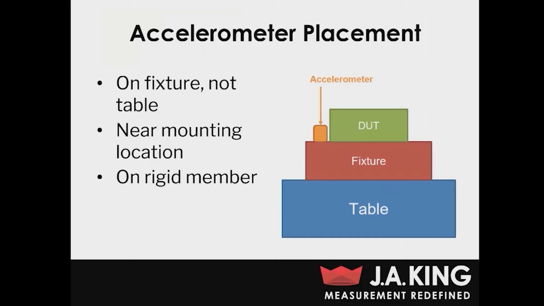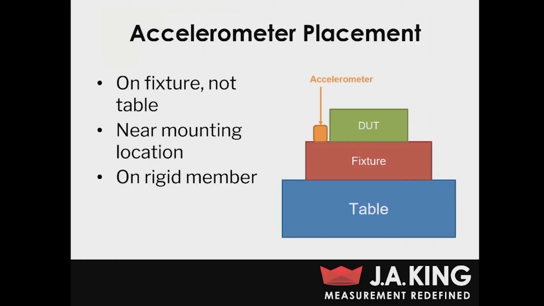Now, accelerometers are only as good as where you place them. So you really want to make sure that you're controlling your acceleration as close as possible to your input vibration location. So you want to place it on the fixture itself, not directly on the table, and you want to have it near a mounting location and on a rigid member.